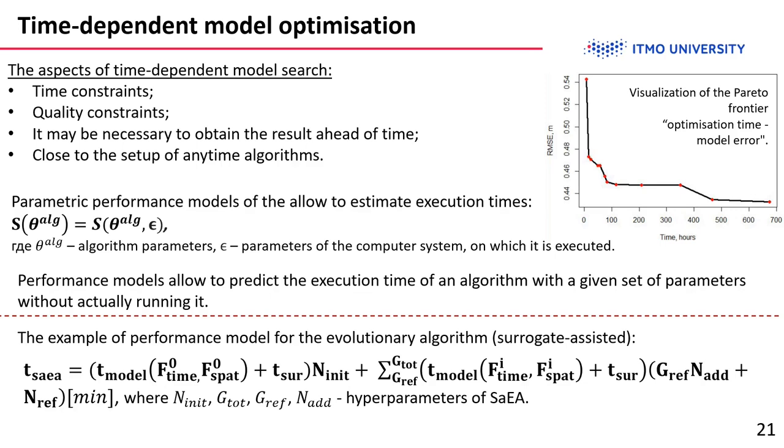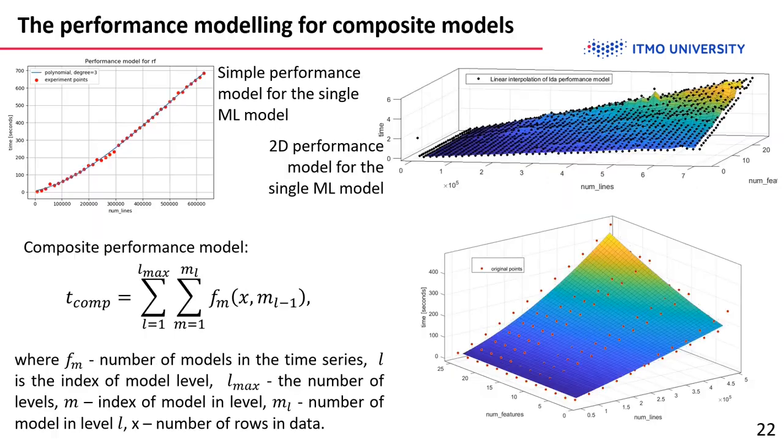As you can see, it's an obvious result that the more time we spend, the better result we can obtain, but we can obtain a better result with a specific time constraint if we choose a better strategy. And the strategy can be chosen using a performance model that connects the time of evolutionary algorithm evaluation with the hyperparameters of this algorithm.